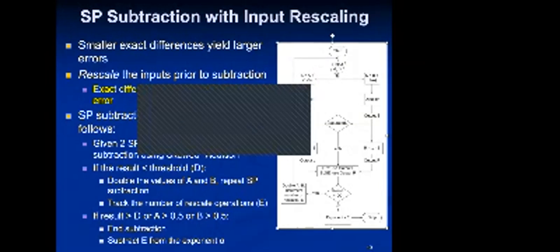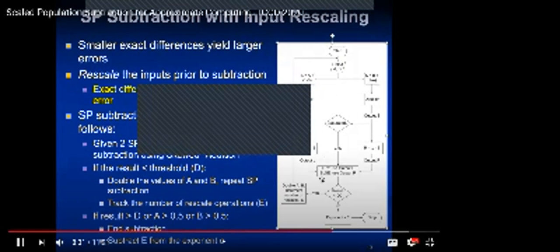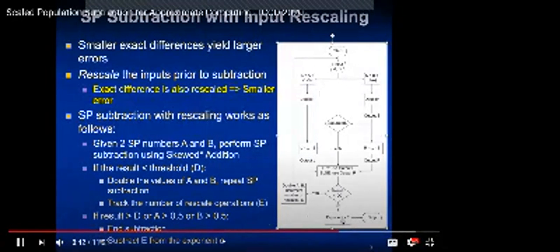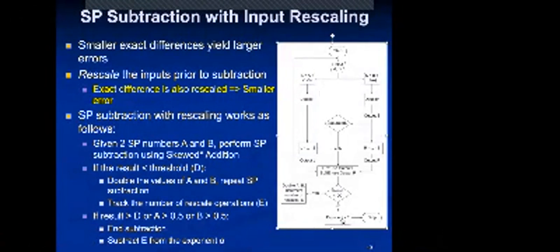We take an input A and B, perform the subtraction, and if the result is less than some threshold, then we repeat the subtraction after doubling the values of A and B. We track how many times the numbers A and B have been doubled. At the end of the computation, we will modify the exponent of the result accordingly.